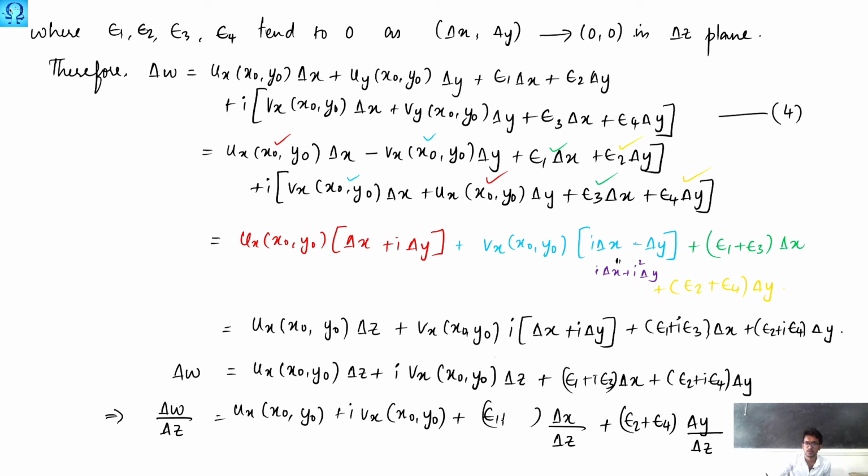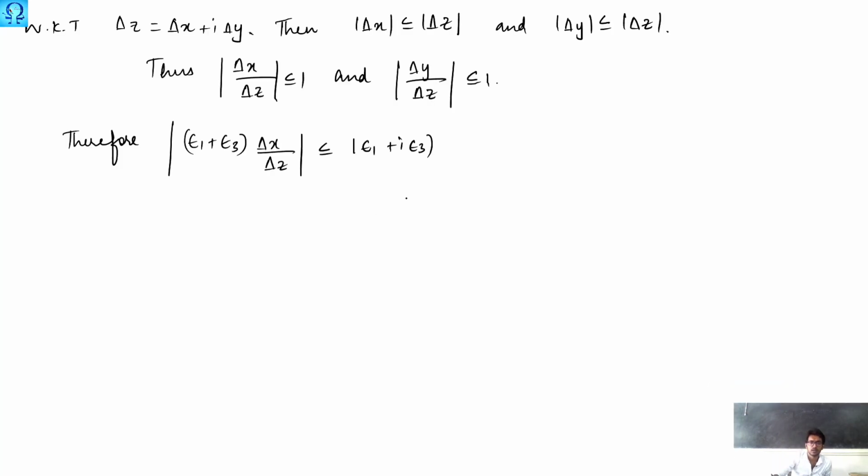Exactly. So we missed it here. You can just go through equation number 4 and see where I missed these things. While doing the calculation, be a little more careful, or if you find it at any point, you can just change it. Right? Yeah. So this is absolute of this quantity. So this is again smaller than or equals absolute of epsilon 1 plus absolute of epsilon 3.